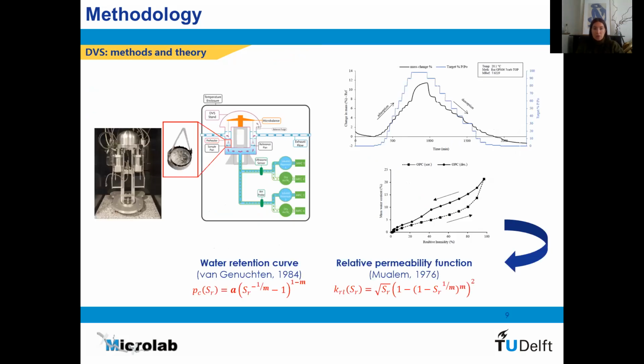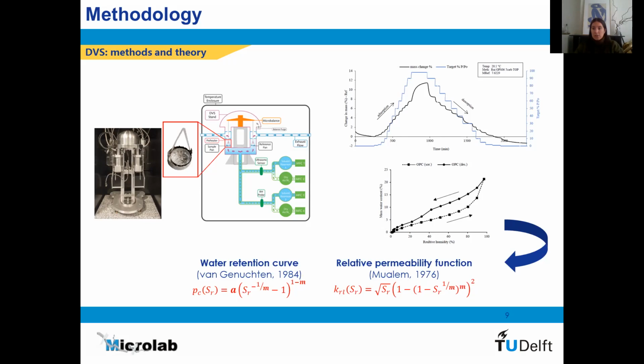Dynamic vapor sorption we use to obtain sorption and desorption isotherms. The method basically exposes the sample to different relative humidities, and the equilibrium mass of the sample is recorded. And this is possible due to the presence in this instrument of a very precise and sensitive microbalance.